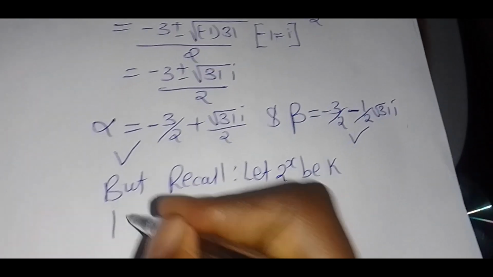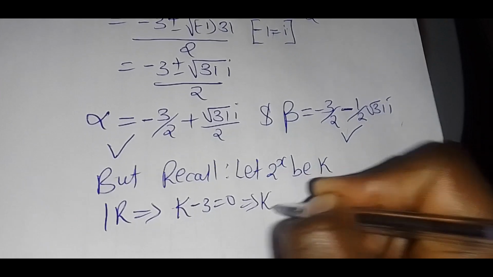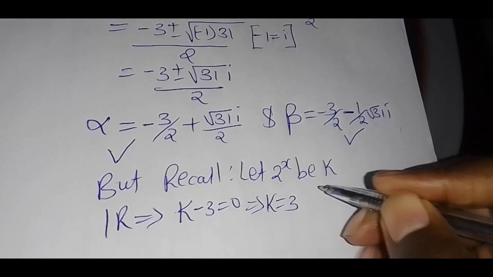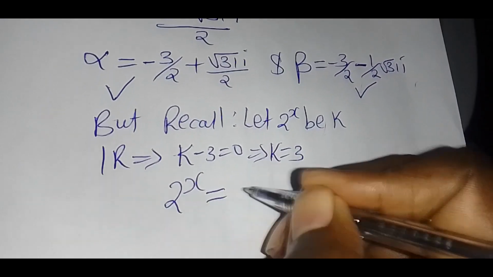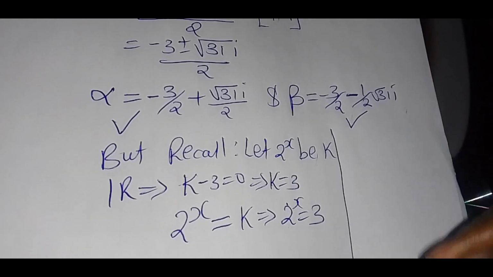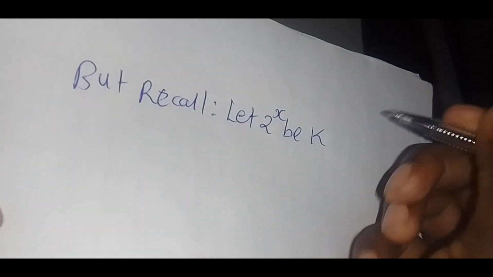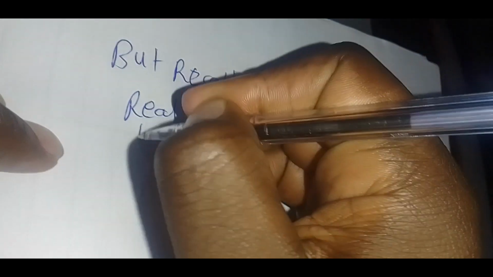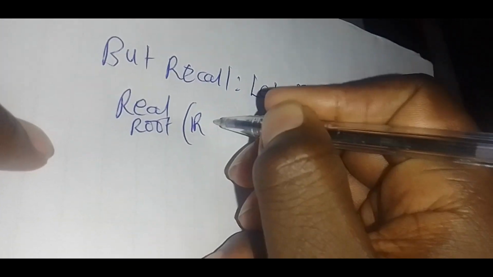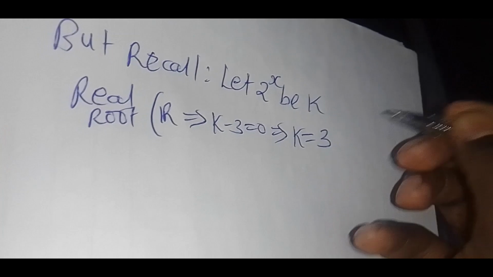And from our real roots, we said that k minus 3 is equal to 0, which we identified as k is equal to 3.